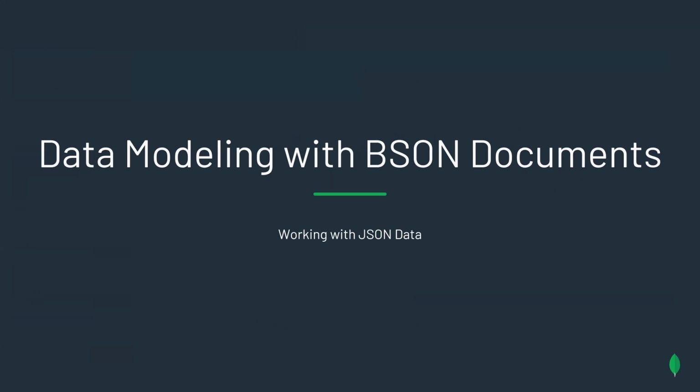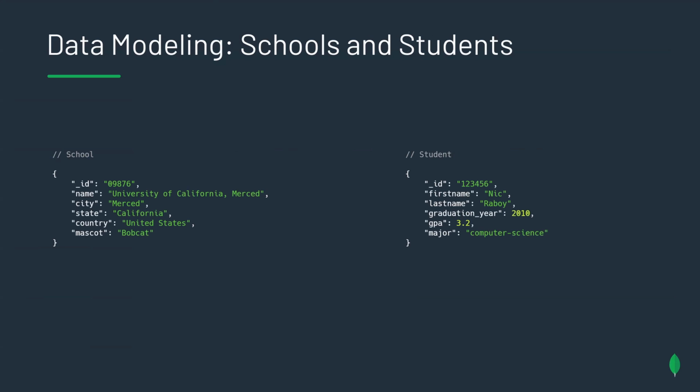So let's start looking at some data modeling. Before we even jump into some queries and how to interact with that data, we probably want to understand the data that we're working with. Given the type of event that we're at, I figured maybe school and student data might be appropriate. Now, this is all very fictional, so don't think this is a real example.